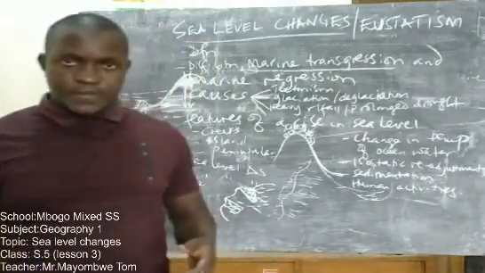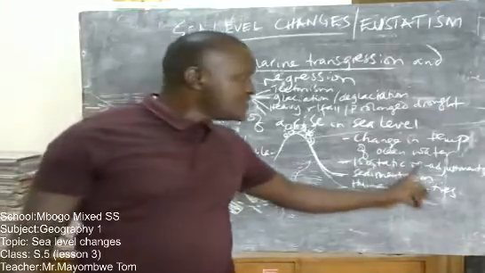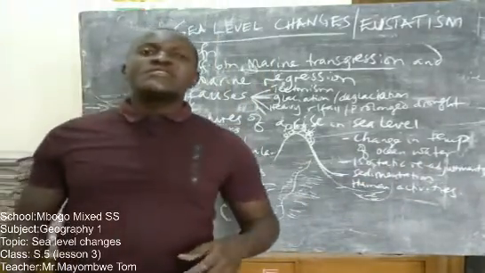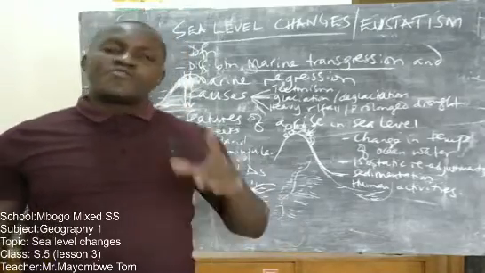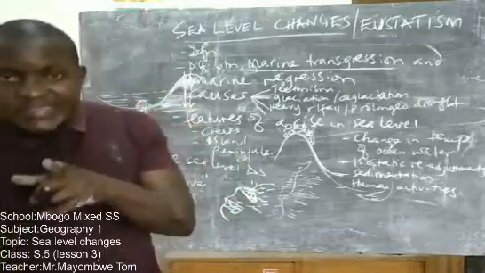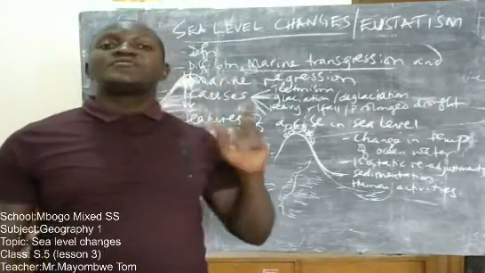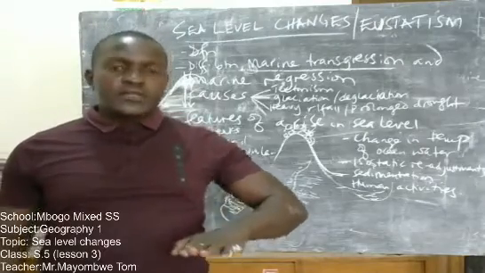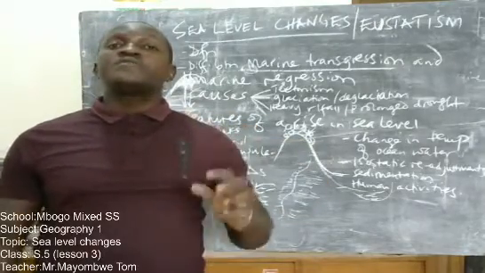Then we have what we call isostatic readjustments. What does it mean? Isostatic readjustments refer to a rise and fall in the land relative to the sea. This time round, it is the land which is either rising or falling.